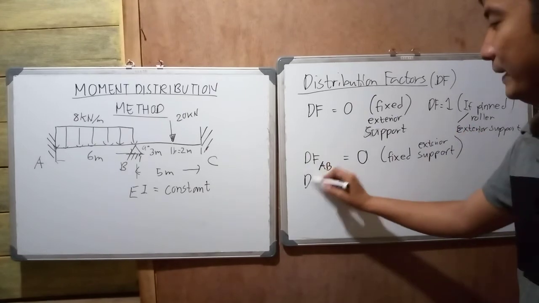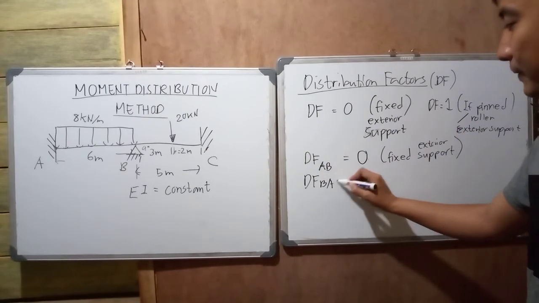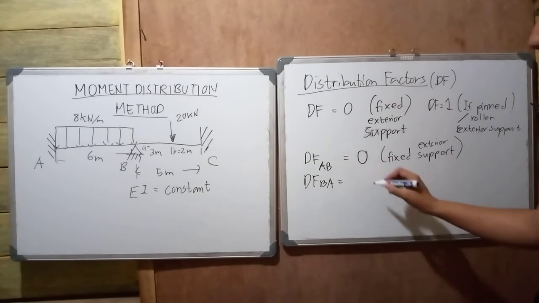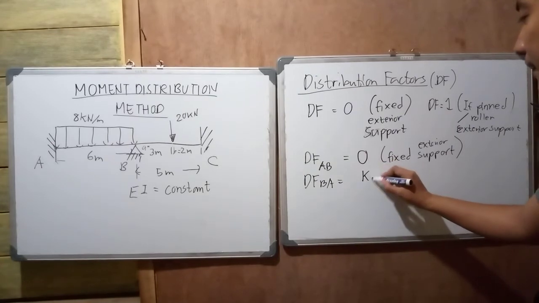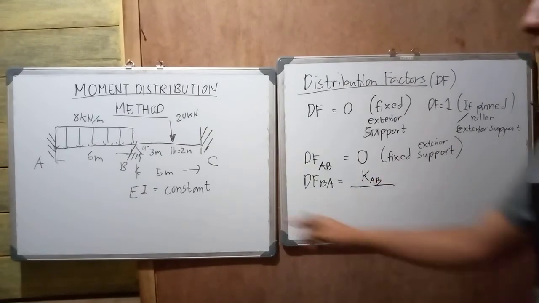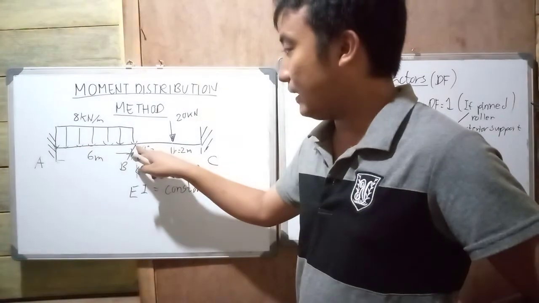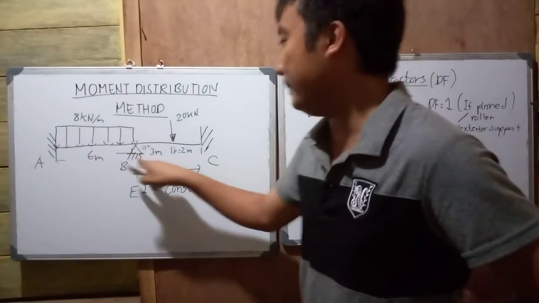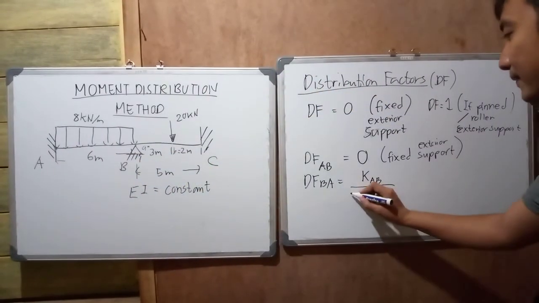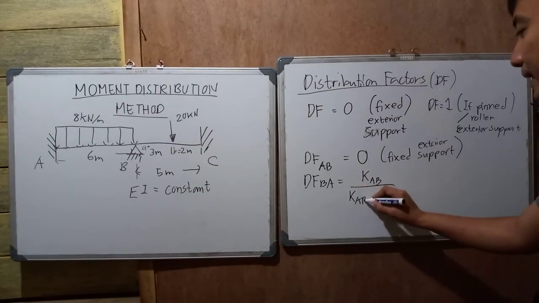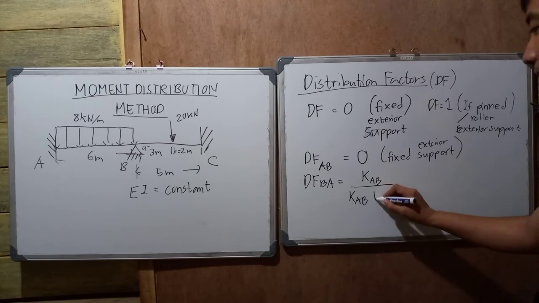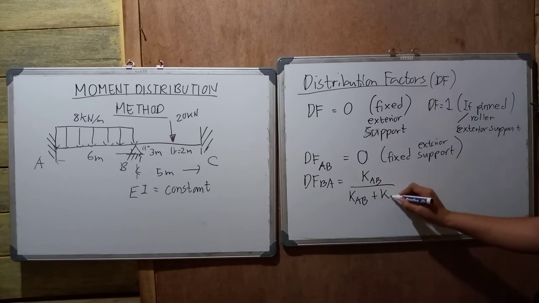Yan. So, si DFBA naman. So, paano natin computein? So, si DFBA is equivalent to KBA. Okay? BA kasi. So, tandaan niyo yung nasa unahan. So, ibig sabihin, nasa gitna siya ni AB at saka ni BC. So DFBA is equal to KBA over KBA plus KBC. Okay?